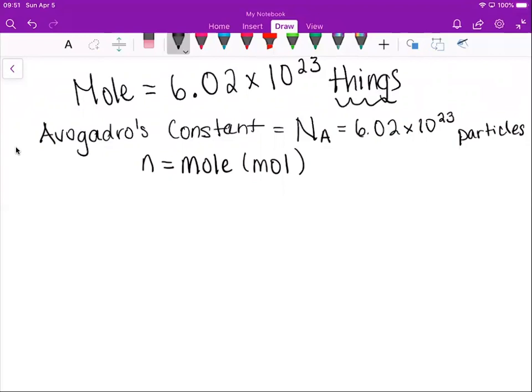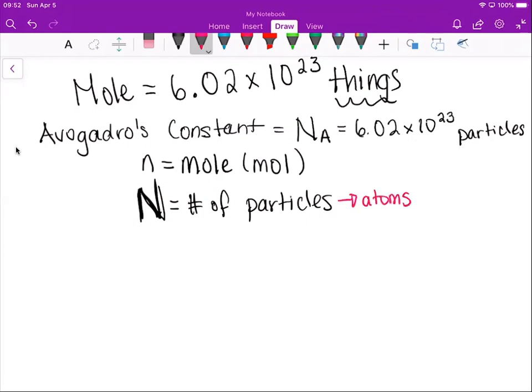So you're using Avogadro's constant to calculate the number of moles from this. When you see just capital N, this is the number of particles.